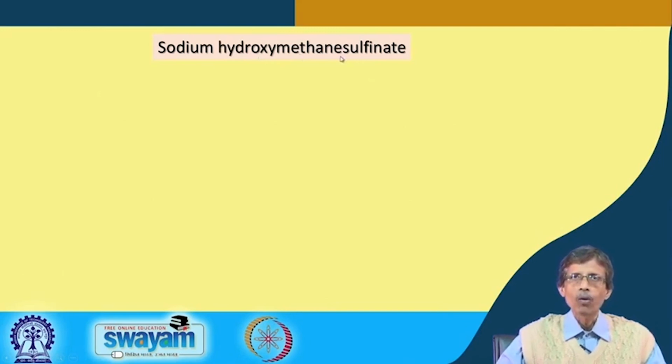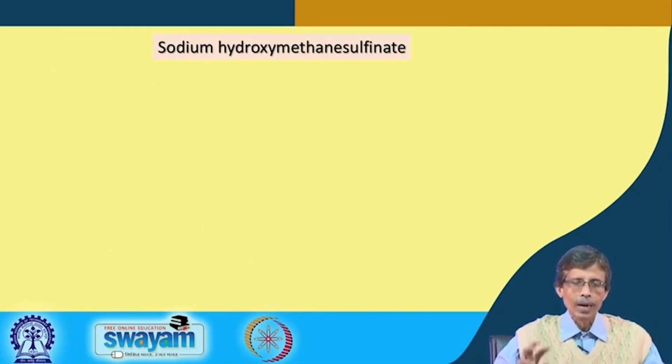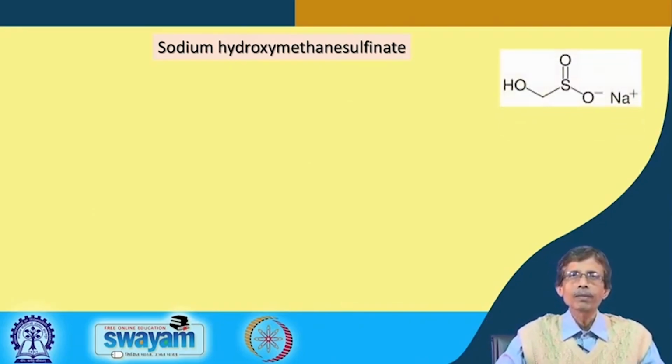Try to read the whole molecule as a name. It is not even the IUPAC recommended nomenclature, it is a simple standard nomenclature, because it is a sodium salt, with a hydroxy function derivatized on the methane backbone. So, you have the methane backbone and then the sulfinate function at the end. It is a very simple molecule.